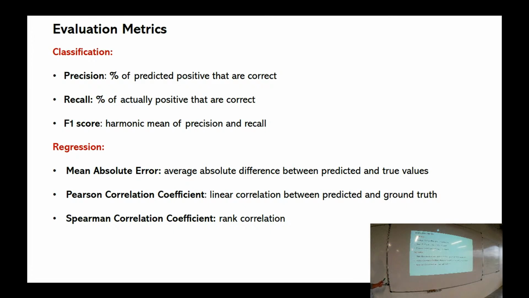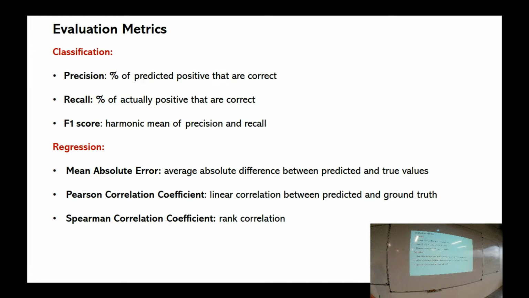For regression, we have already seen something. For example, there is the mean absolute error, which is even easier than the mean square error. It's just without the square. So you take the difference of your prediction with the true label in absolute value. And then you have correlation metrics.